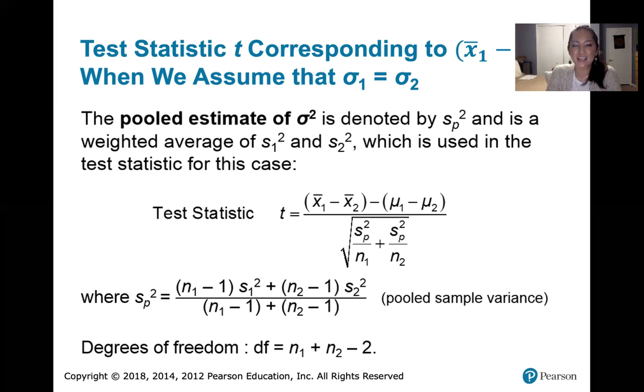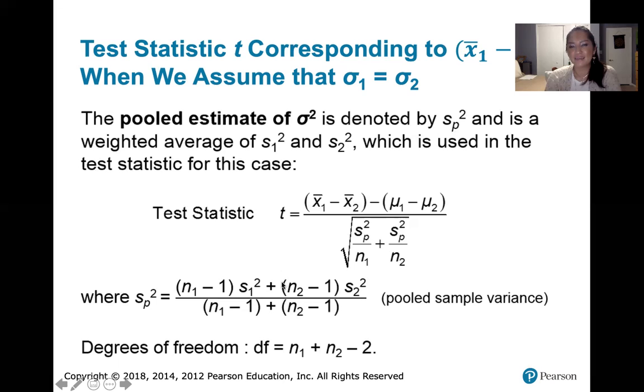The way we find that common value is we compute this quantity here. This is called the pooled estimate of the population variance, or the pooled sample variance. That's why it has S sub p for pooled sample variance. And it's basically just a weighted average of the 2 sample variances that we had. In the numerator, you've got the sample size minus 1, so that's the appropriate number of degrees of freedom, times that first sample variance.